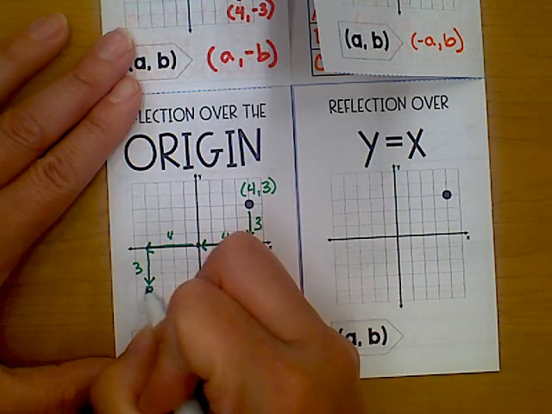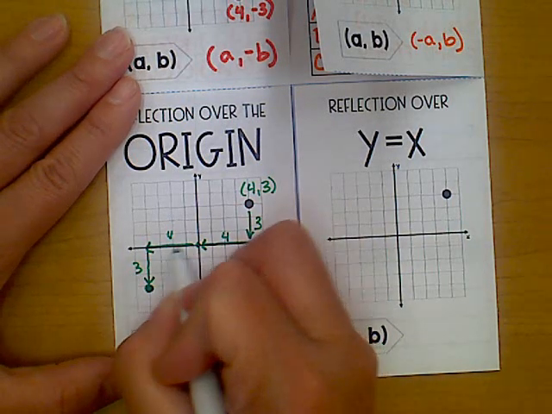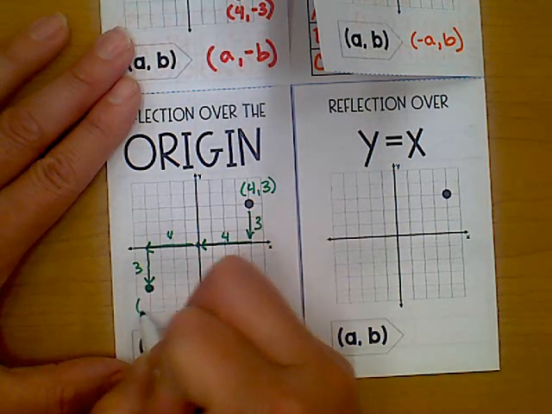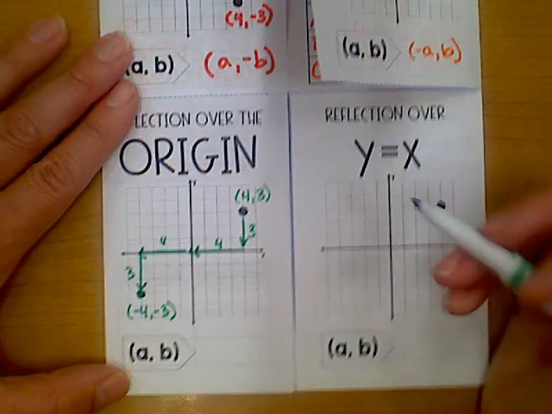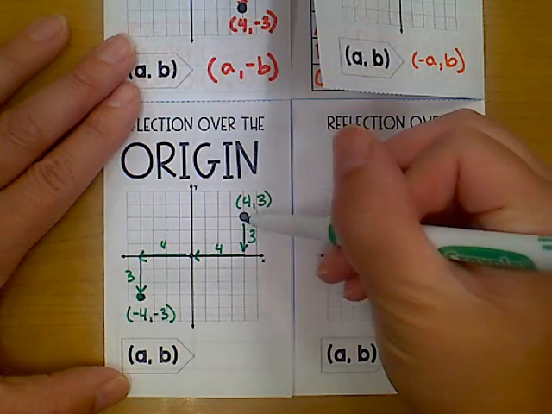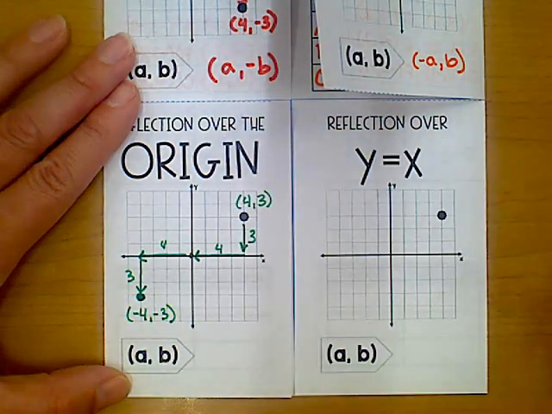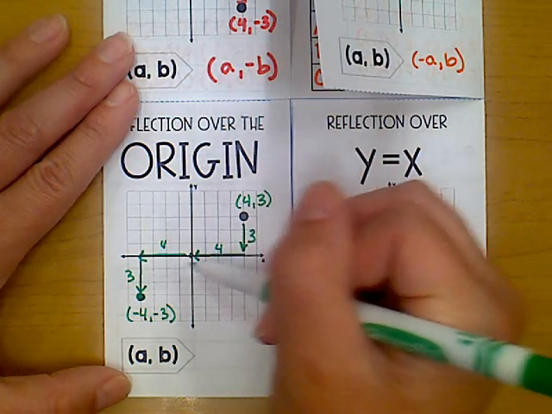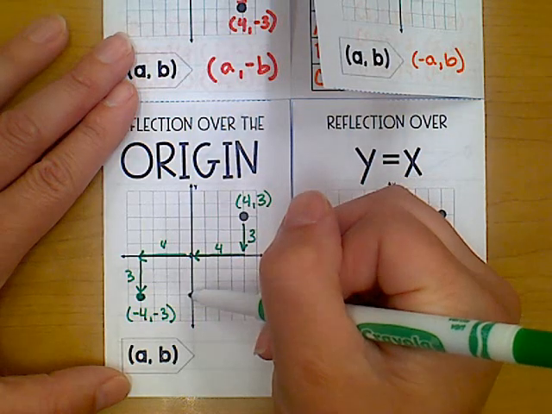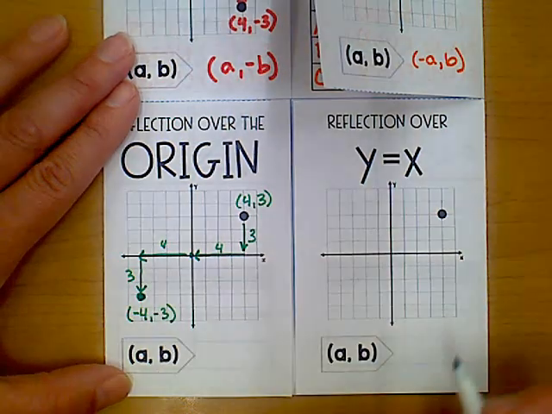That tells me that my new ordered pair would be right here, which, since it's 4 to the left and 3 down, is at -4, -3. So again, similar to how we graphed the other ones, you have to get to the origin, and then you make those same movements on the other side of that origin. It was down 3 over 4, so over 4 down 3, or I could have gone down 3 over 4 as well, as long as you're repeating those changes both ways.